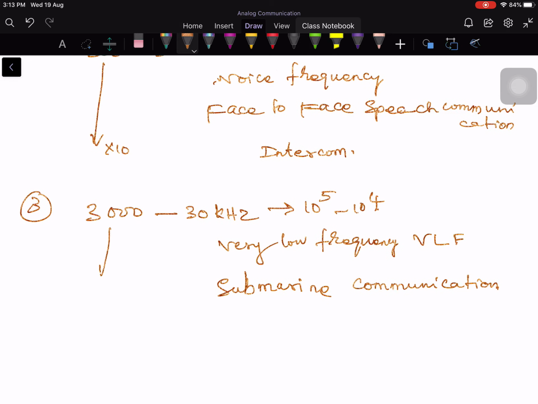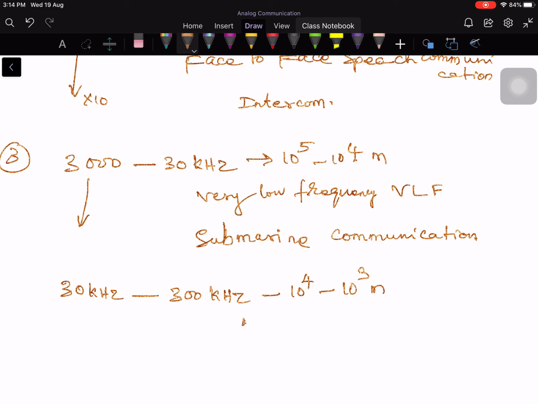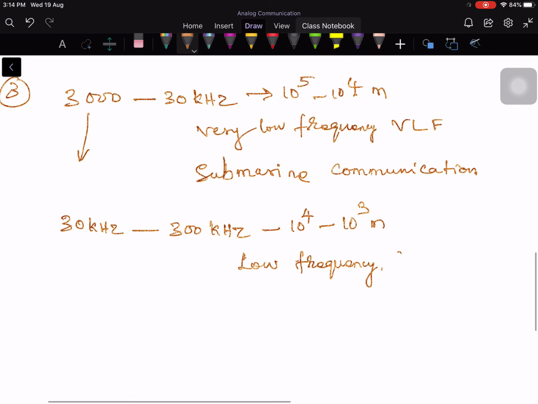Then again take this 30 kilohertz, multiply by 10, and you get 300 kilohertz. The corresponding wavelength range is 10 power 4 to 10 power 3 meters, and this is called low frequency, in short LF.